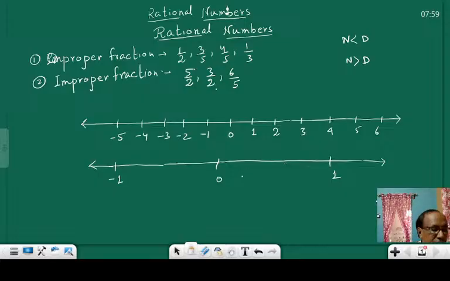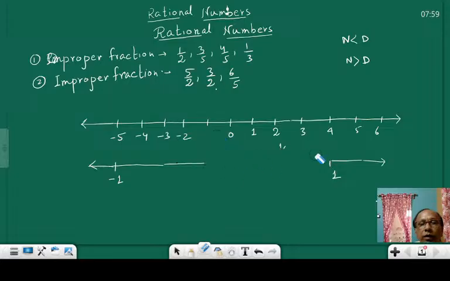Suppose we are representing 1 by 2. That means we divide this 1 into two parts, 1, 2. Therefore, this part is 1 by 2.